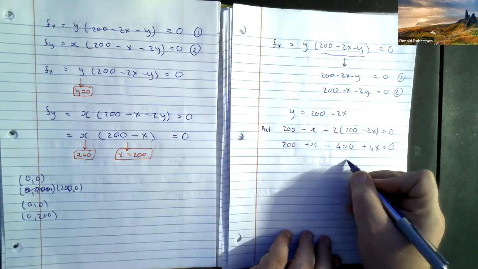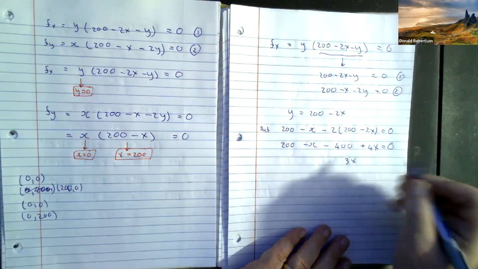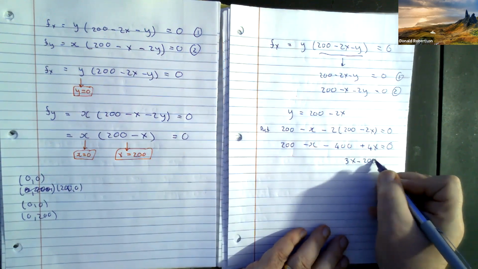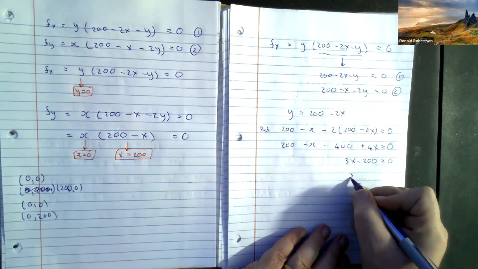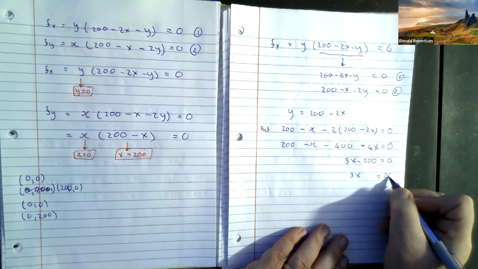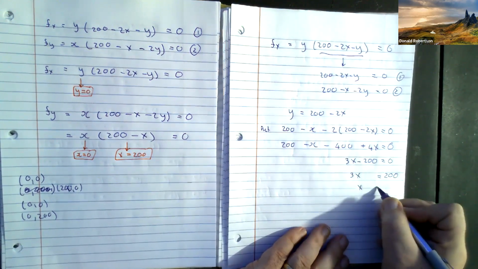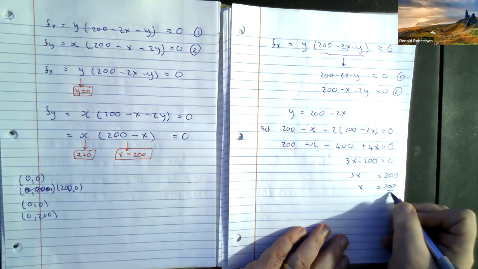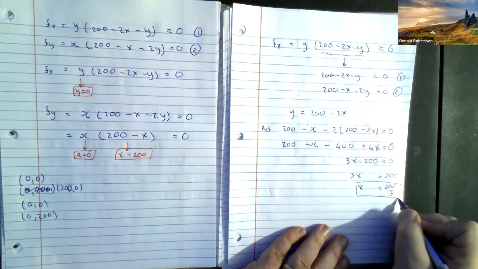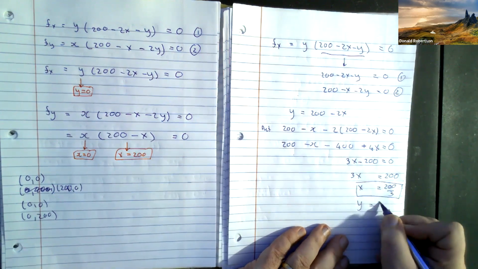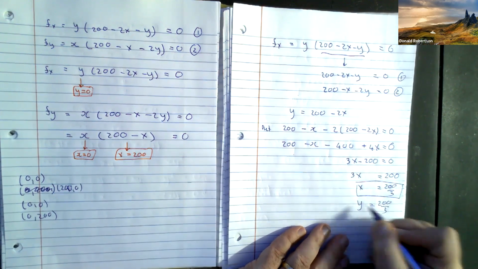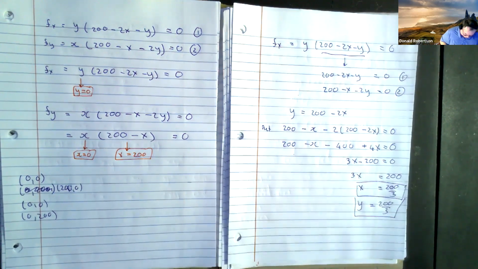And you get 3x minus 200 equals 0. You get 3x equals 200. And you will get x is 200 over 3. And can you trust me that you end up with y being 200 over 3 as well?